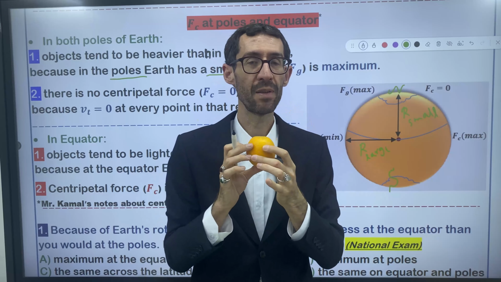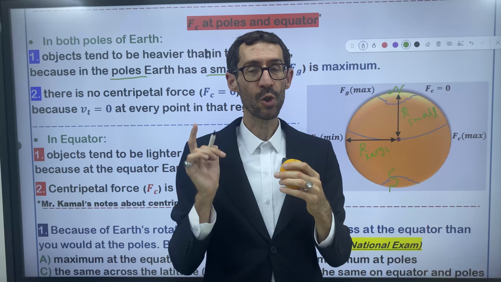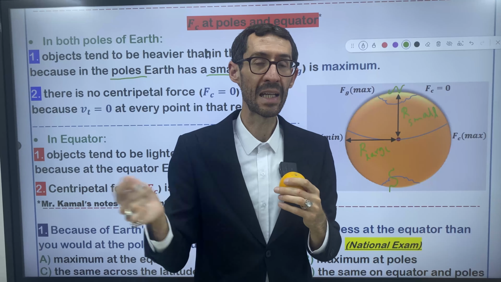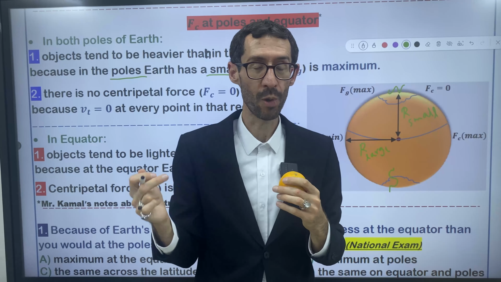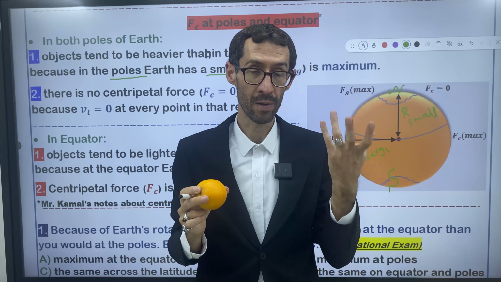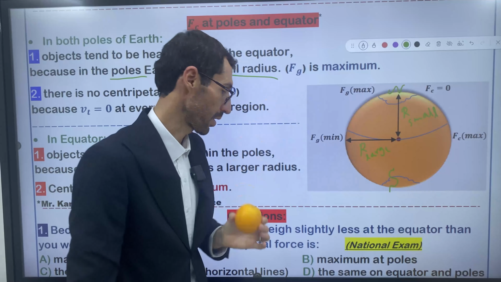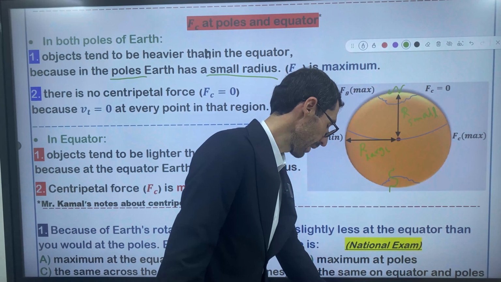The shape of the Earth resembles an orange, and its orbit resembles an egg, oval or elliptical. But the shape of Earth is like an orange.